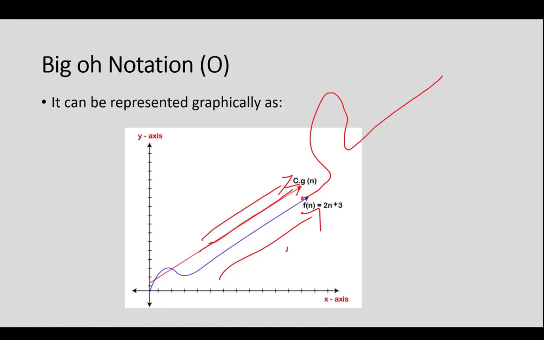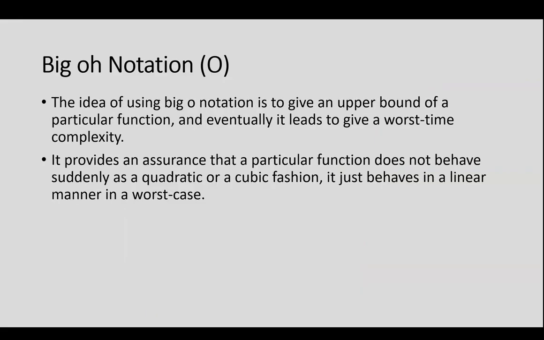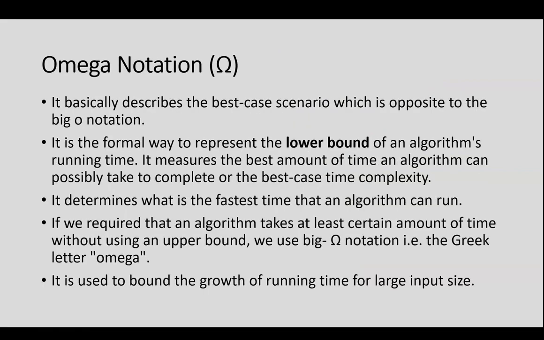It will only show the linear behavior because we have set an upper bound, and that upper bound is in such a way that it is working in the linear way. So that is the graphical representation. Remember, big O notation will always give us the upper bound, which is my g of n with respect to f of n, whatever function I have.